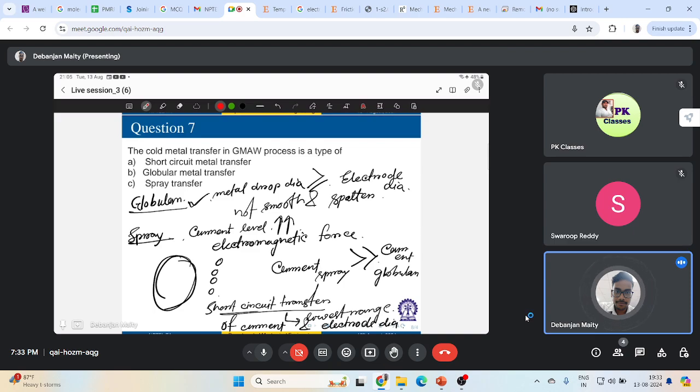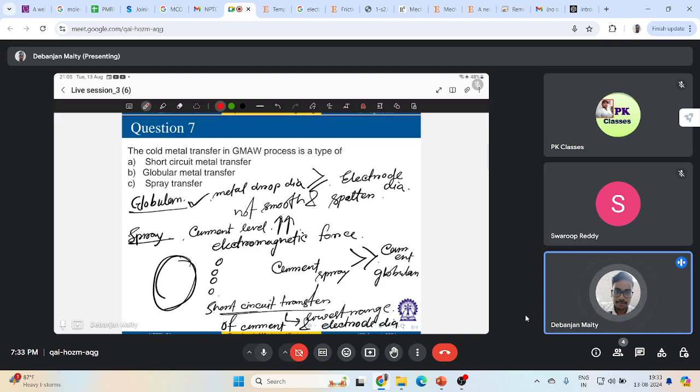Of course, this is not cold as the name suggests, but because of some inherent features of cold metal transfer welding, you can provide low heat input, low distortion, improved weld quality. That's why it is named cold metal transfer welding.